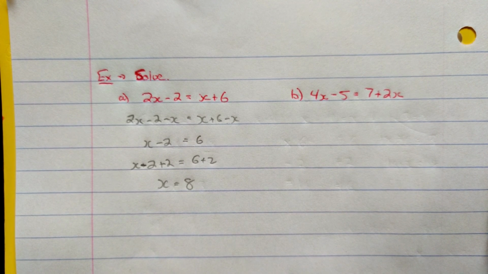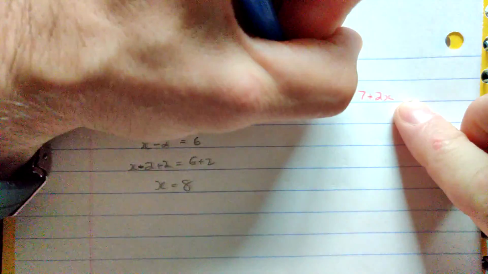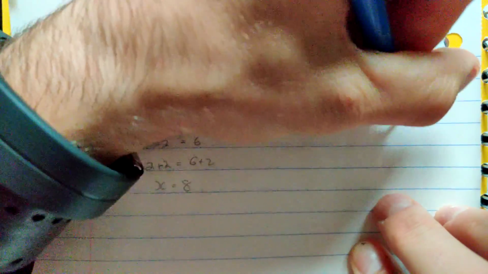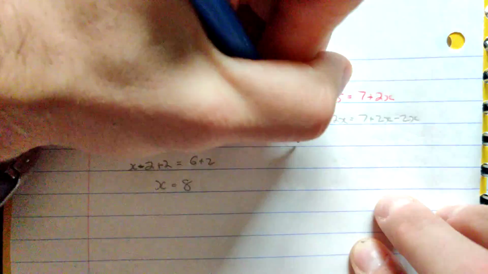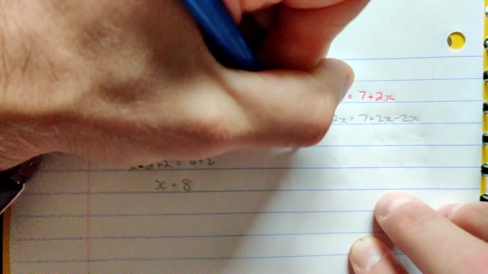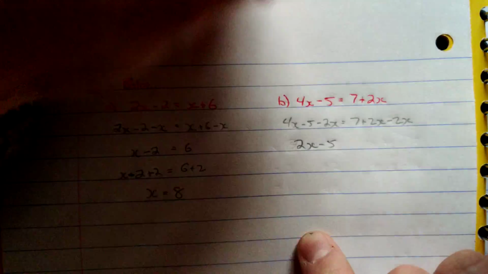And the next one, 4x minus 5 equals 7 plus 2x. We're going to get the 2x to the left side by subtracting 2x from both sides. So we're going to be left with 4x minus 2x, which is going to give me, write it properly, 2x minus 5 still. The minus 5 is still there.